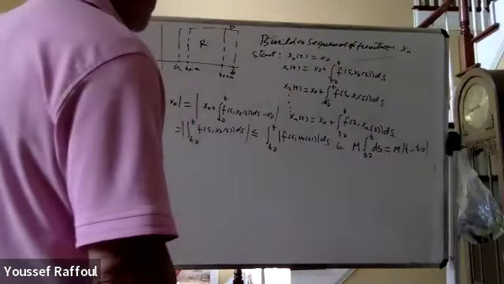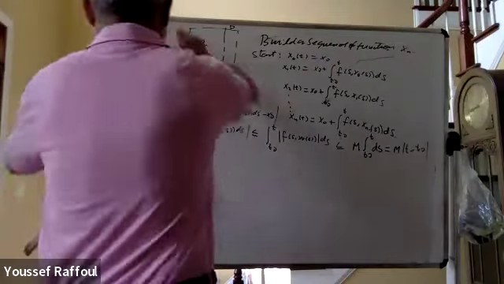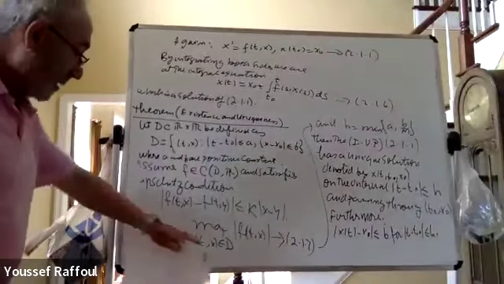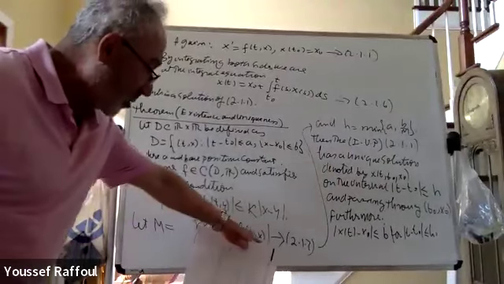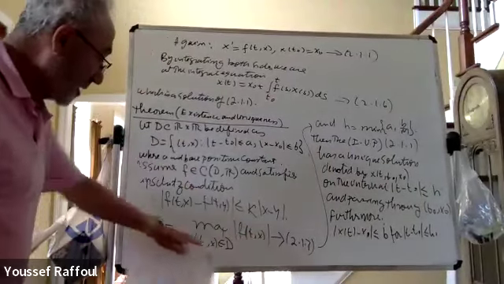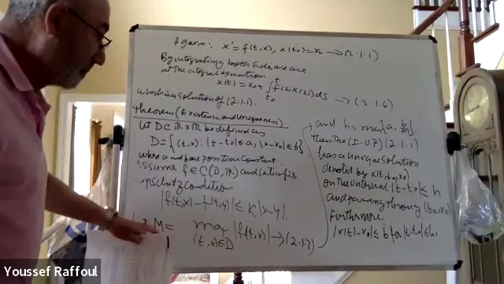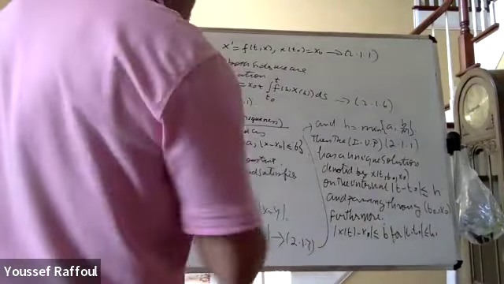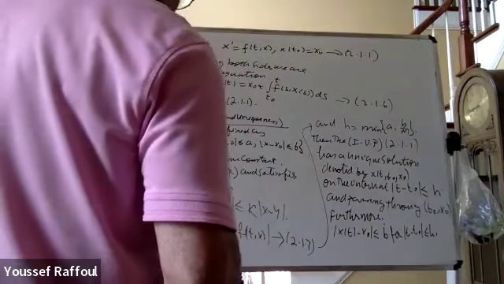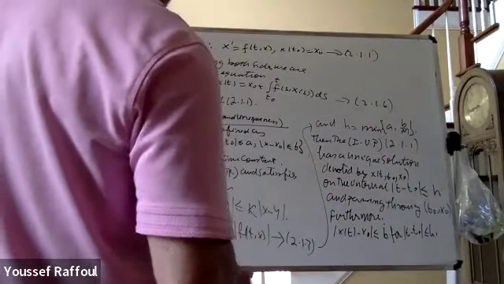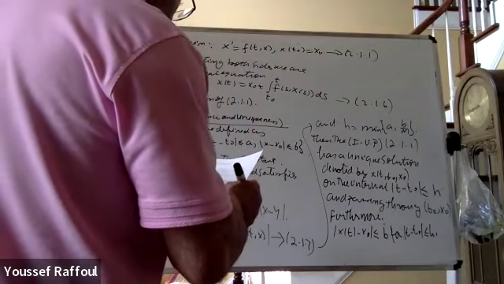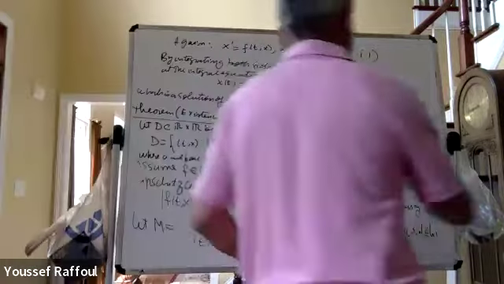Okay? And from here, you remember M is the max of the function. So this has a maximum on D, which is M. Okay? And 2.17, where is 2.18? 2.18 is this one.